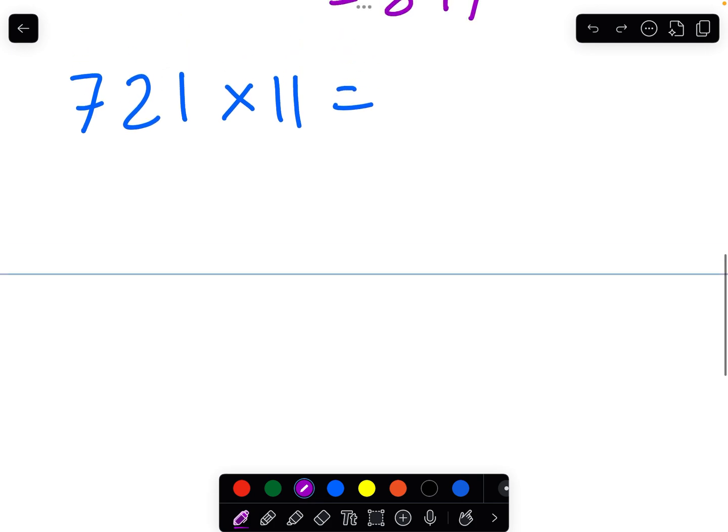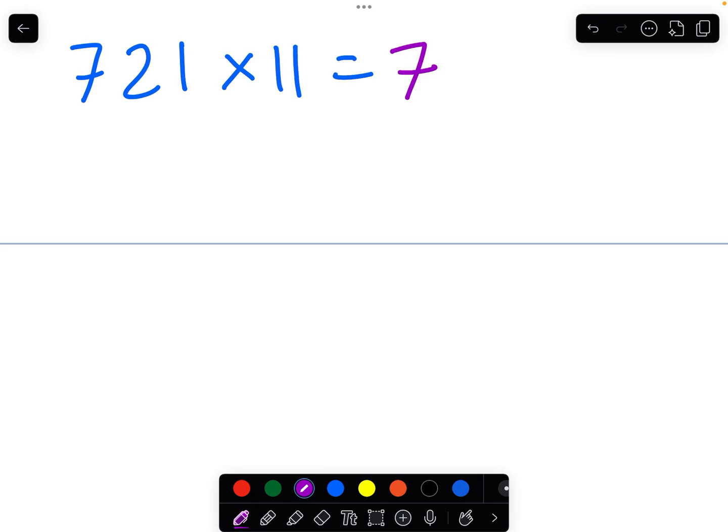Then we're going to add these first two numbers, which are 9. Then we're going to add the next two numbers, which are 3. And then we cannot forget to add this last number, which is 1. We put that in there, and we've got 7,931.